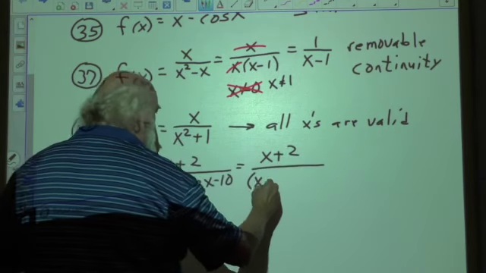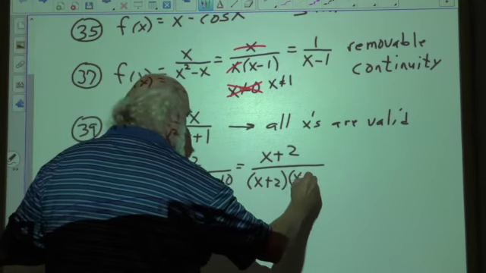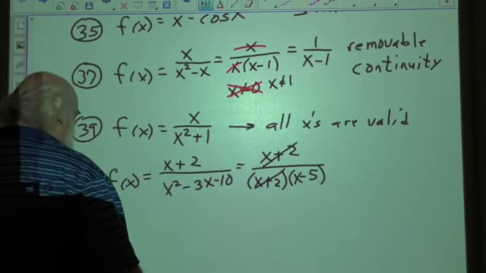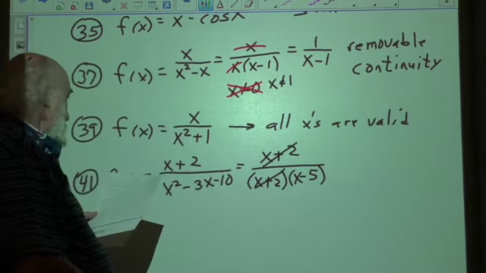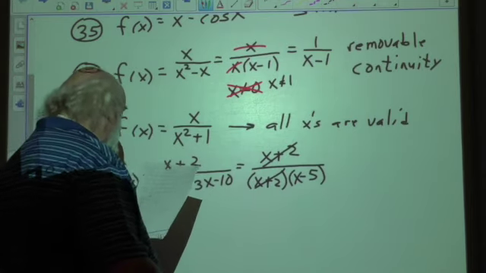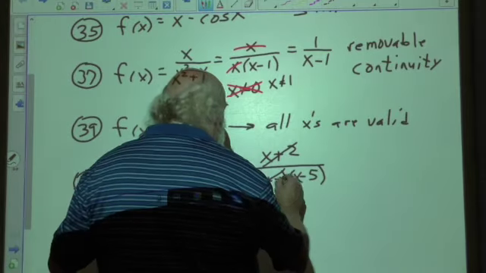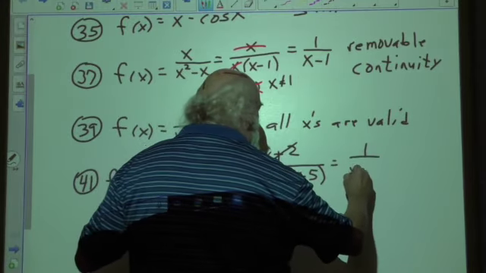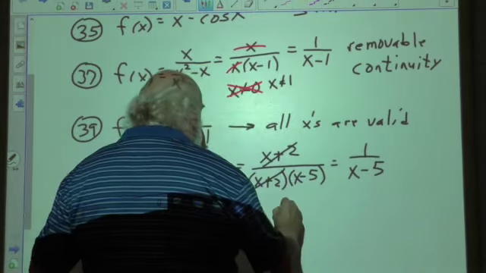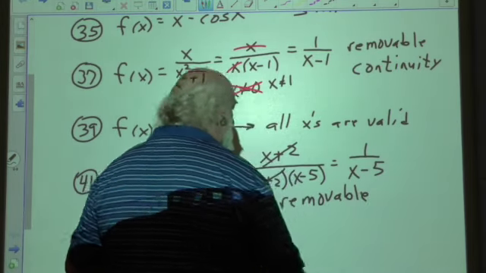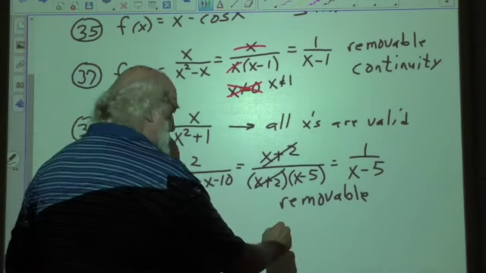This is x plus 2, x minus 5. x plus 2 cancels out. And so, because it's cancelable, we are left with 1 over x minus 5. So this is a removable discontinuity.